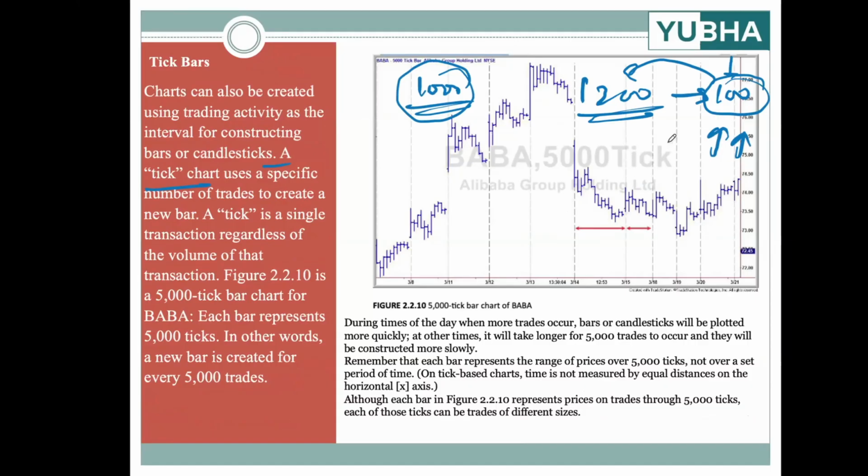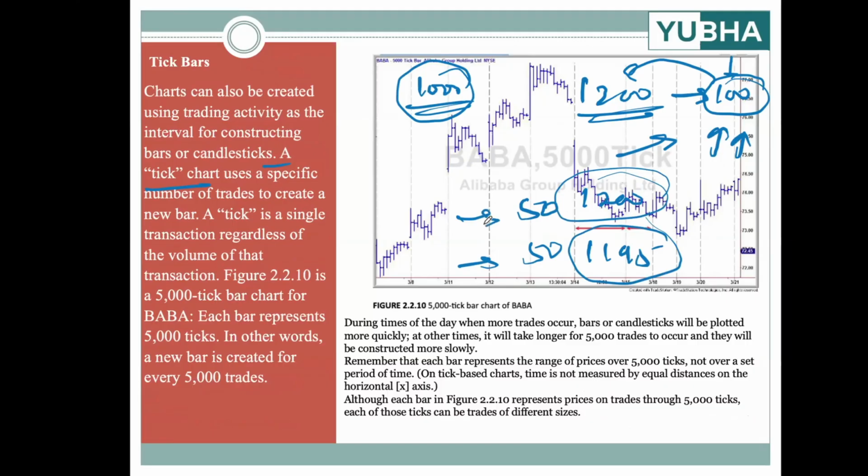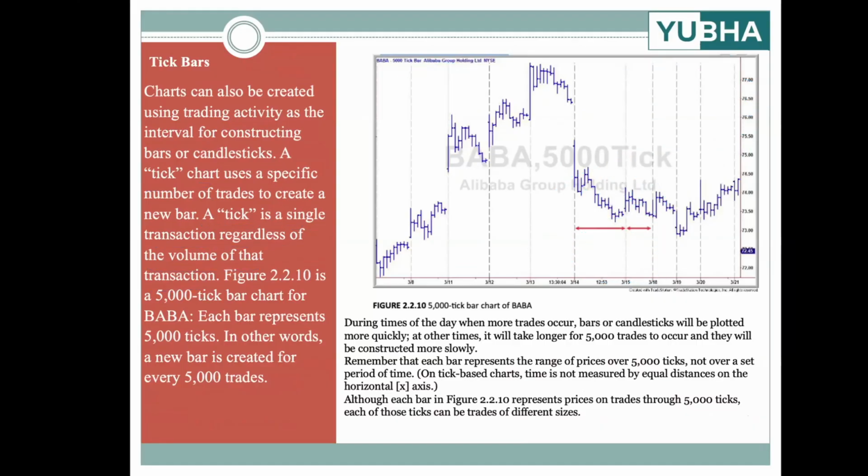But if I split this into 50 shares at 1200 and 50 shares at 1195, then this will be two ticks each of volume 50. So a tick is a single transaction regardless of the volume of that particular transaction. So these are tick bars.